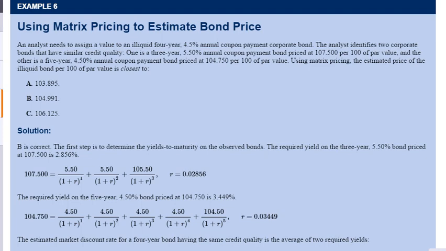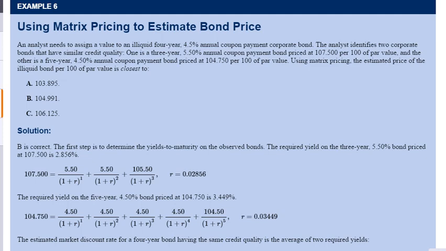Okay, we'll just run through this example. Actually, the math is not all that difficult. It's using matrix pricing to estimate bond prices. So an analyst needs to assign a value to an illiquid 4-year, 4.5% annual coupon payment corporate bond. The analyst identifies two corporate bonds that have similar credit quality.